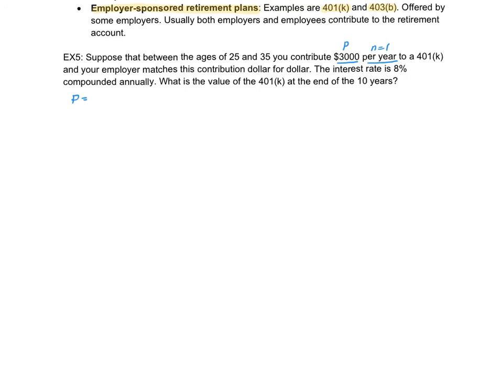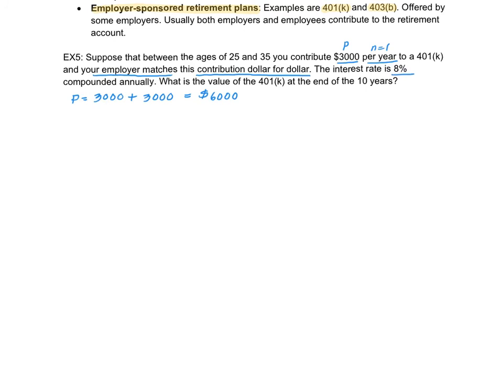Except you have to be careful with our P value because your employer matches your contribution dollar for dollar. So if you're putting in $3,000, they're putting in $3,000. So your contribution plus their contribution. So your P value is actually $6,000 that you're depositing in your annuity or your IRA yearly.